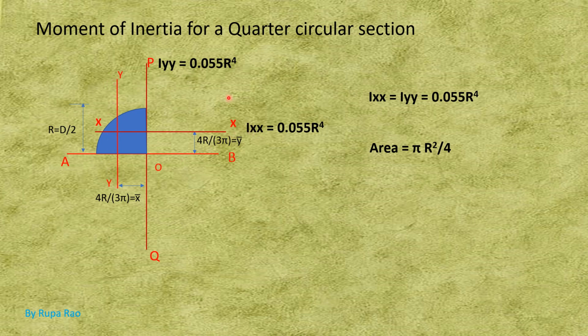Here Ixx and Iyy both are equal, and the answer is 0.055 r raised to 4. For a quarter circle, xx and yy are the same, and the area will be pi r square divided by 4. Now it is only a quarter, so divide by 4. Pi r square divided by 4 will be the area, and xx and yy are equal.